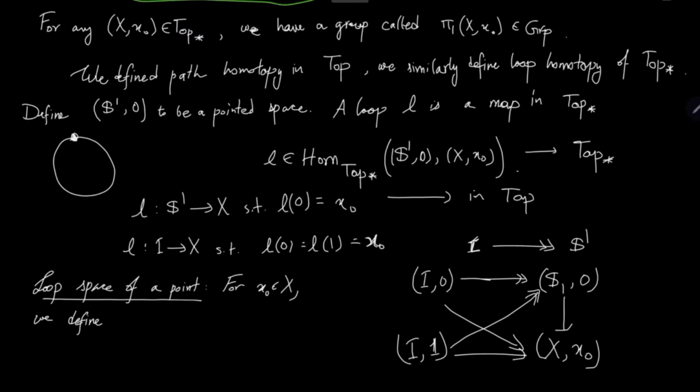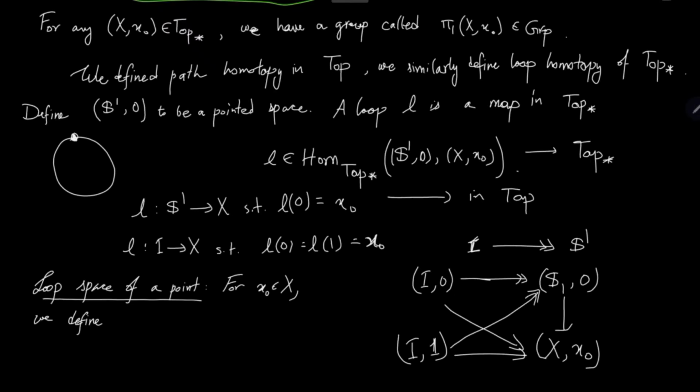Just hold up a second. Okay. So Top star is the category of pointed topological spaces with base point preserving maps. It has nothing to do with homotopy.